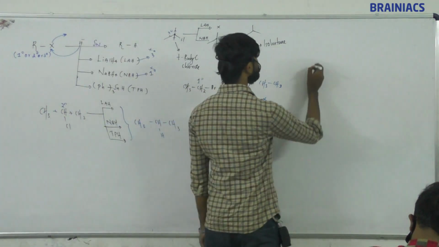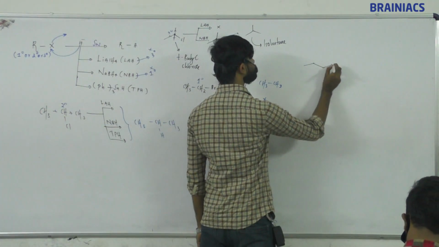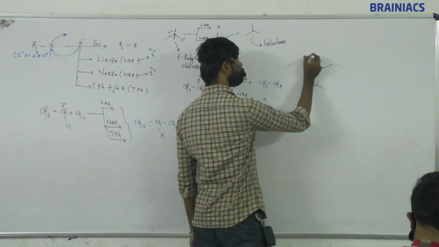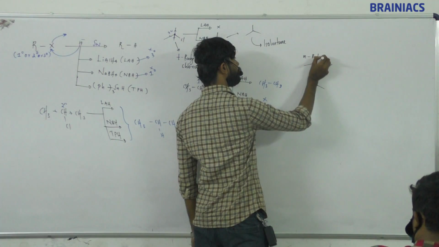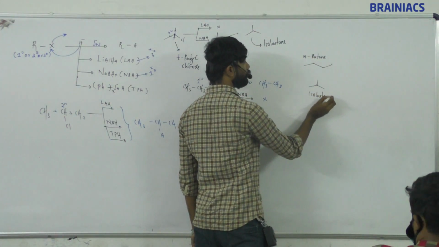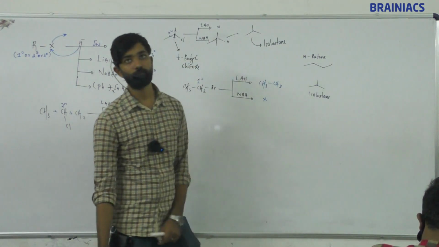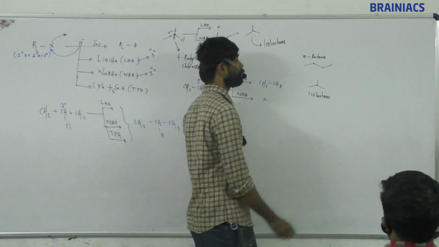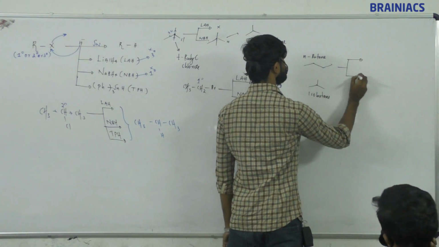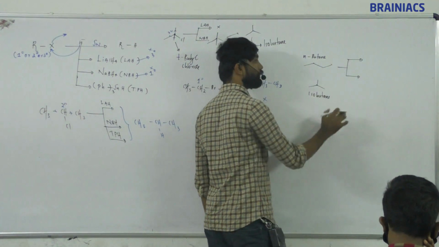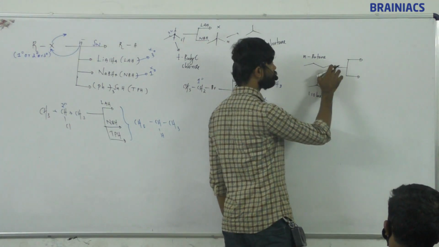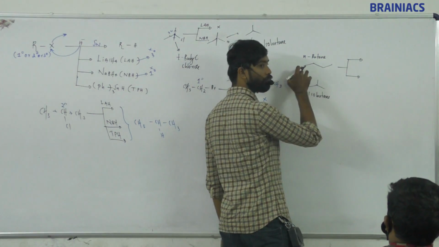There are actually two butanes. What are they? Normal butane and isobutane. Listen. But if we replace the hydrogen, we have two possibilities. This is identical with this one, right?